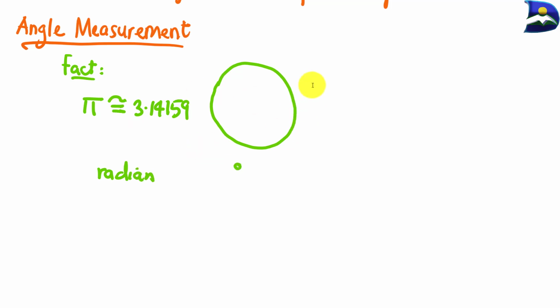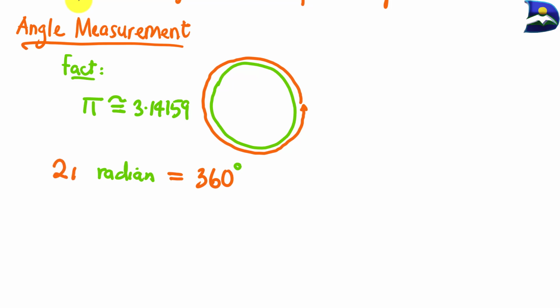And we know that to make a full revolution, which means starting from this particular point here all the way to the same point where you start, which is a full cycle, this here is equal to 360 degrees. Now this in terms of equivalence to radians is equal to 2 pi.